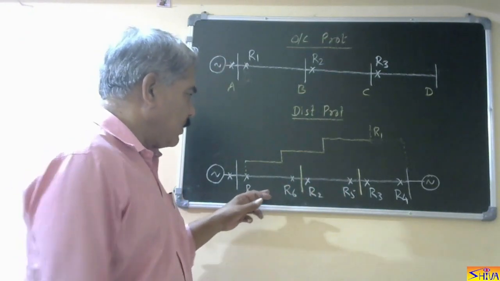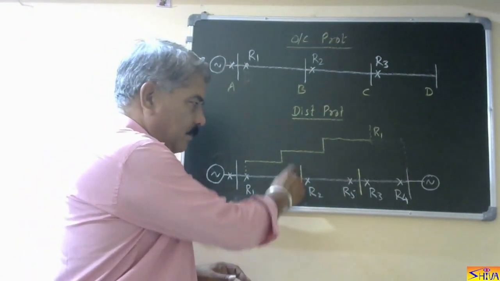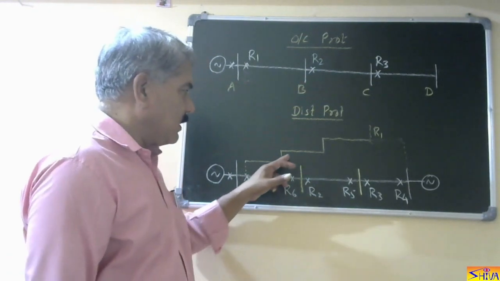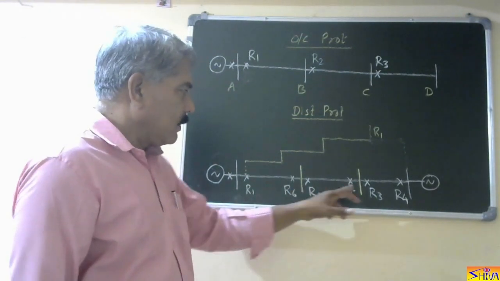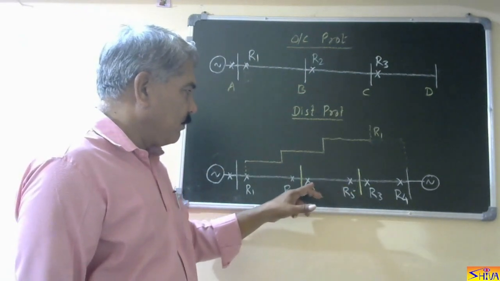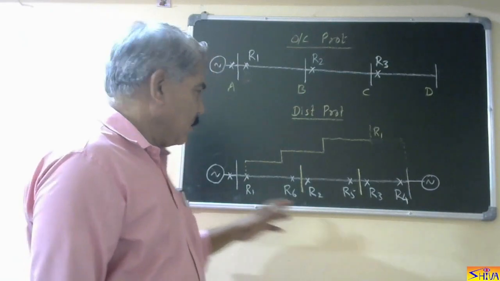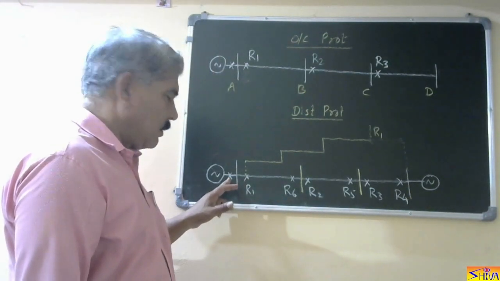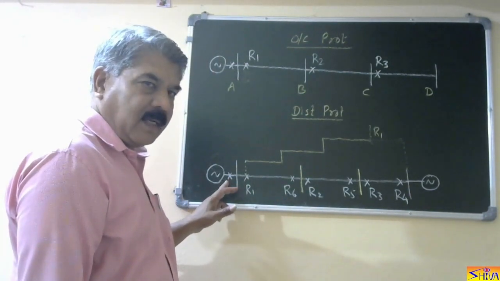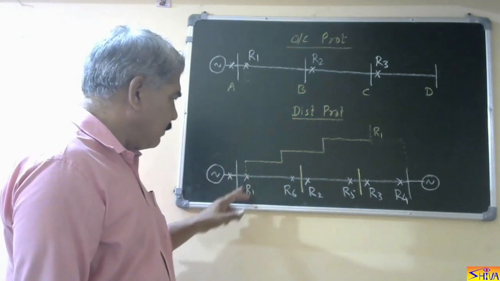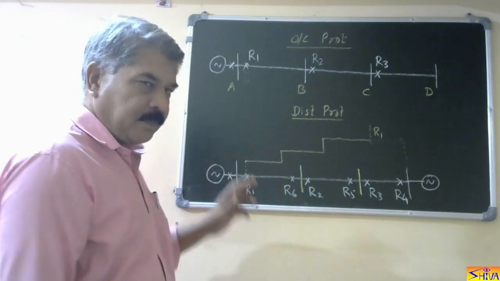So here you can observe this bus is automatically covered in the second step of relay R1. This bus will be covered in the second step of relay R2 and so on. Similarly, here we are using the relay for generator backup as well as transformer backup. So that will cover the faults on this bus bar.